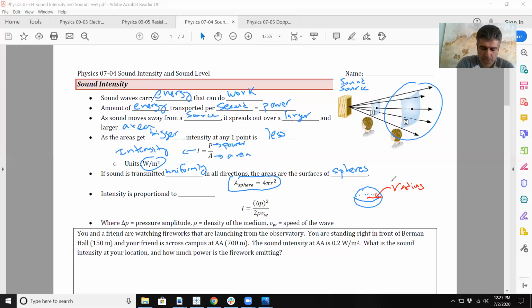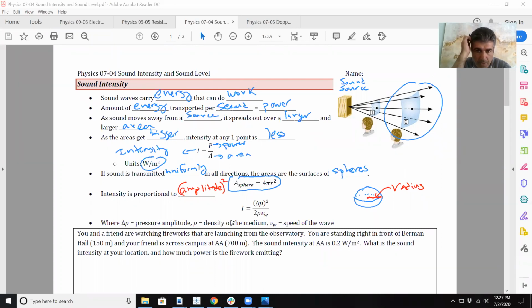Intensity is proportional to the square of amplitude. You're given all the units right here. Delta P is pressure amplitude, rho is density of the medium. We're not going to really get into that because that form is a little wacky, I think.